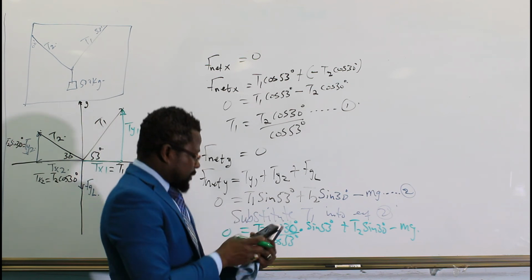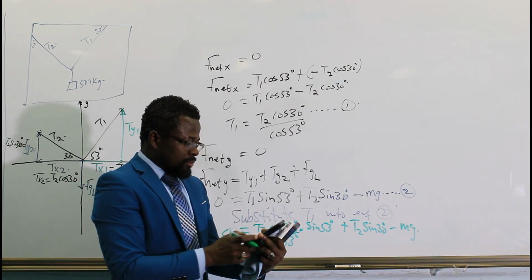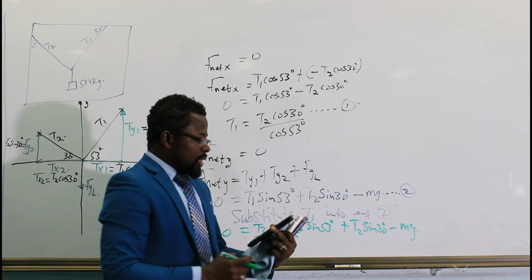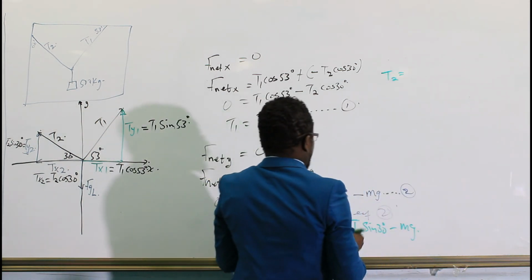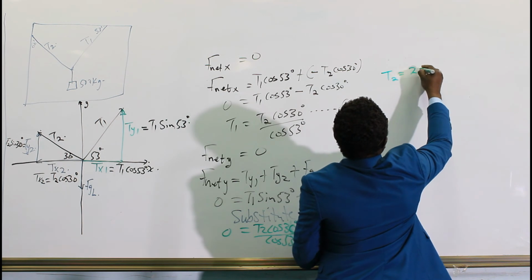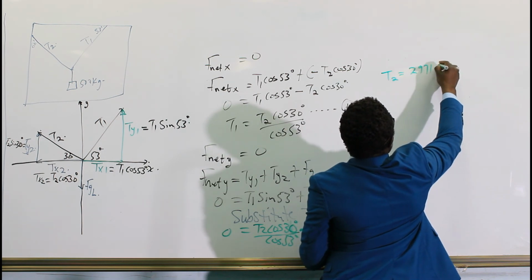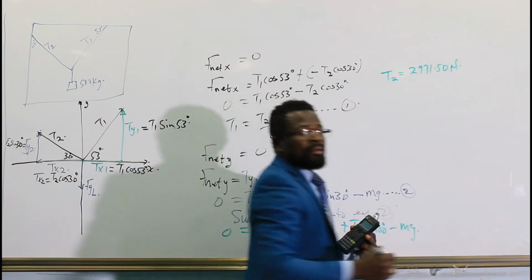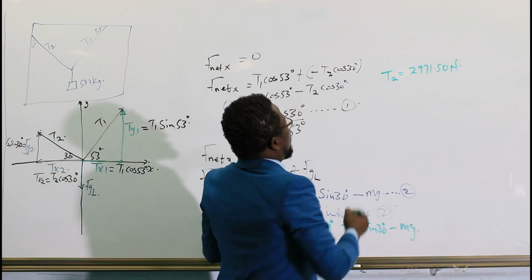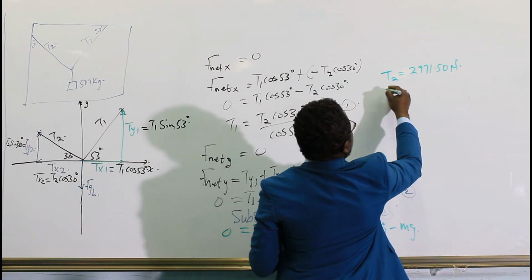If I solve that straight away, we are going to see that T2 is 2971.50 newtons. Let's leave it in the correct significant figures.